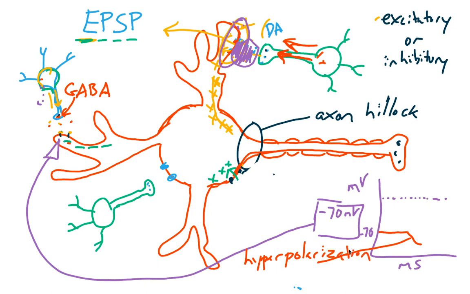Sorry, I got a little messy there, but it's a hyperpolarization. So the inside of the cell membrane in this area is becoming more negative. And essentially, it's reducing the probability of this red cell firing an action potential. It's taking it further away from our threshold up here. And if it's further away from threshold, that means it's less likely to fire. Hyperpolarization.